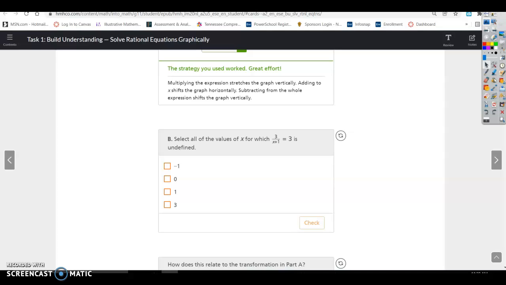All right, select all the values for x for which this equation is undefined. Remember, it's undefined if there's a 0 in the denominator, so we cannot divide by 0. So negative 1 plus 1 equals 0, so x cannot be negative 1.